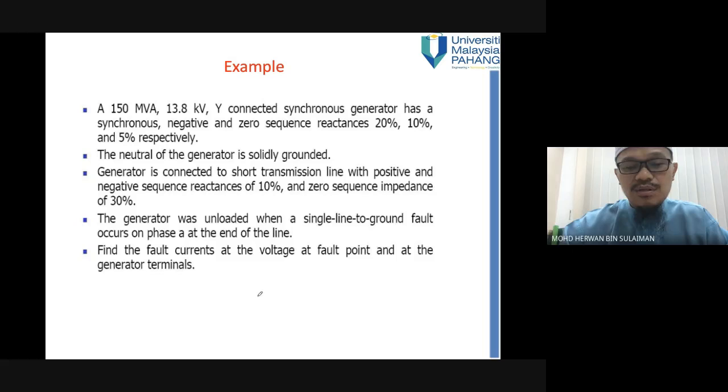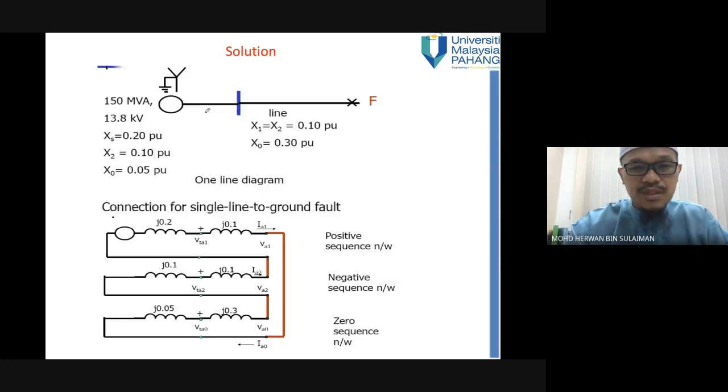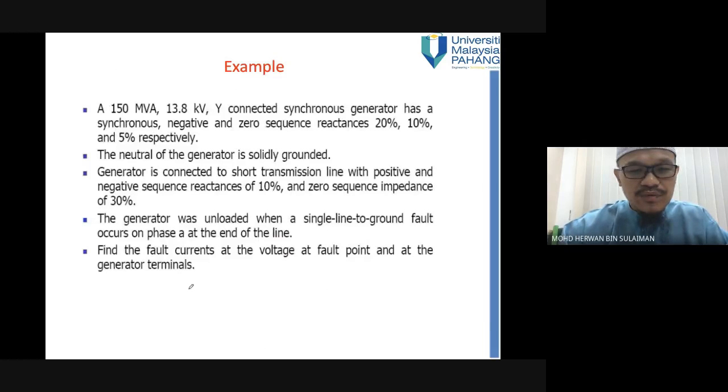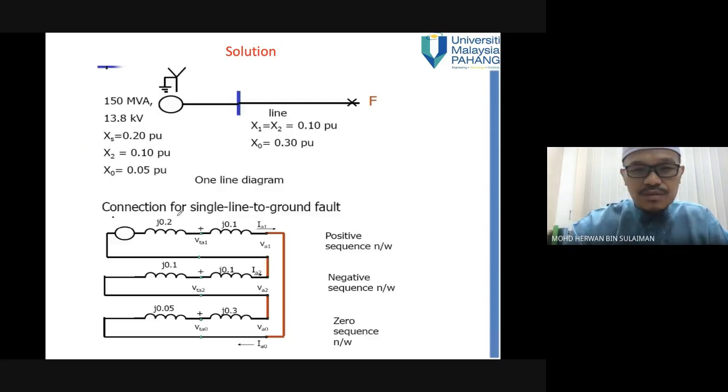Okay, so we have the generator. First thing first, you have to sketch. So we have 150 MVA, 13.8 kV. This one is positive sequence, negative sequence, zero sequence. Okay, and then you have a transmission line. Positive sequence and negative sequence are 0.1, zero sequence 0.3.